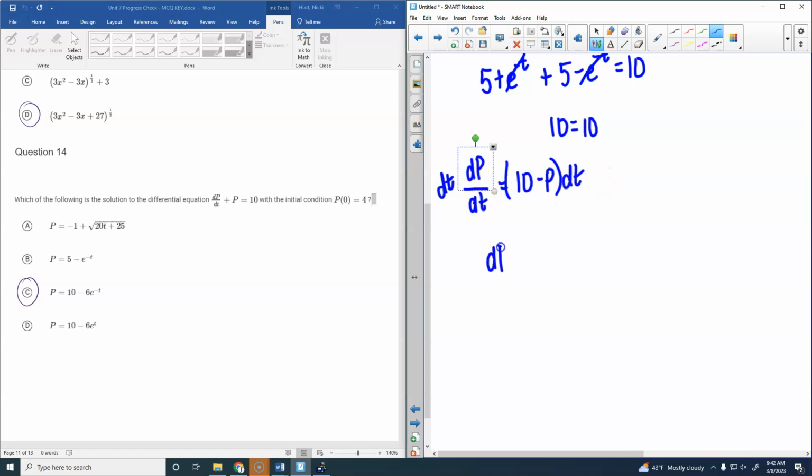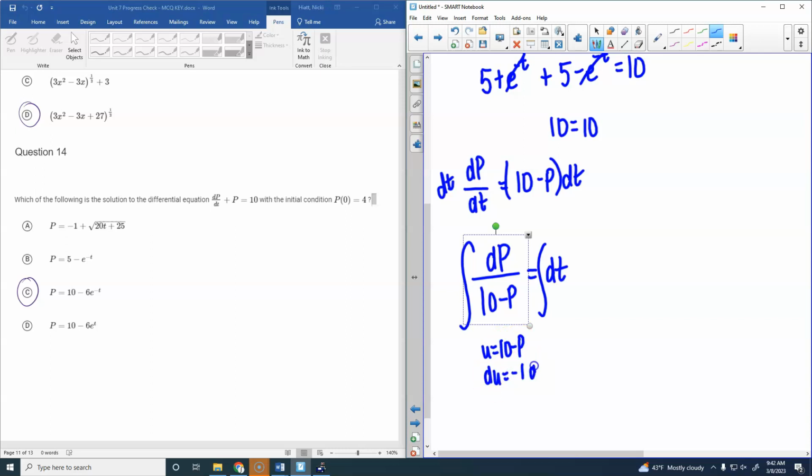So we got dP over 10 minus P equals dt, which when we integrate, our u would be 10 minus P, so du would be negative 1 dP. So you just have to put a negative here and a negative outside.